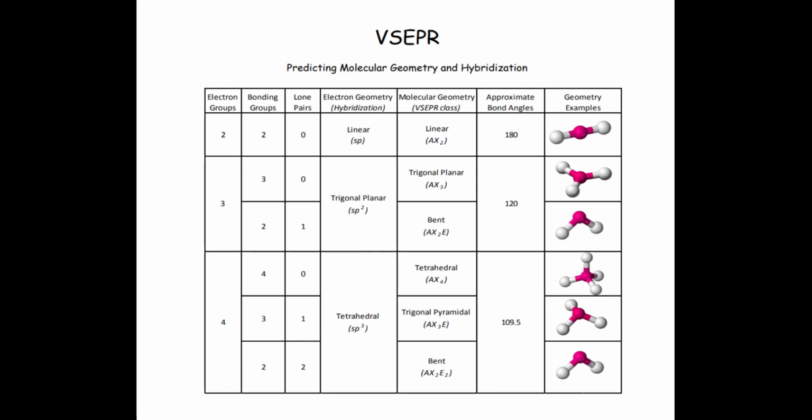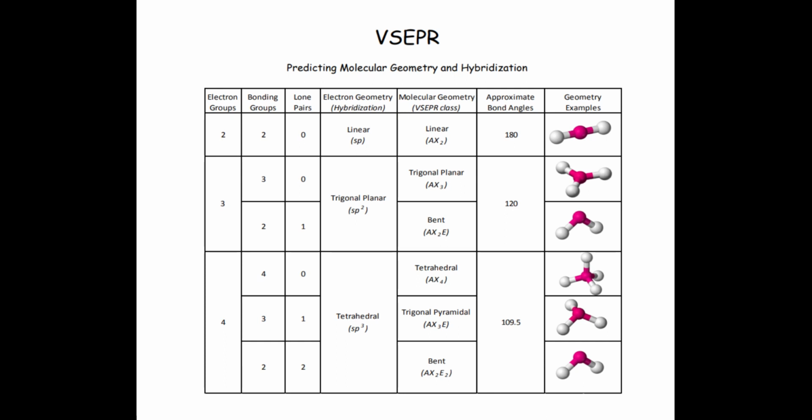And so you'll see here that the shape of the molecule is linear. They have this distinction between electron group geometry and molecular geometry. The electron group geometry takes into consideration the total electron groups, which includes the lone pairs.